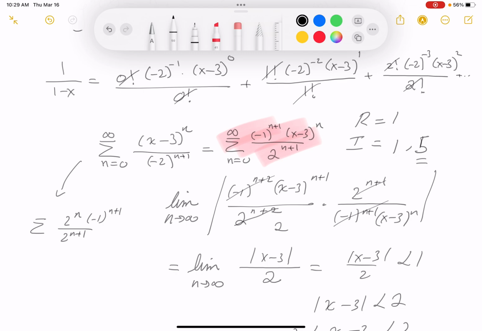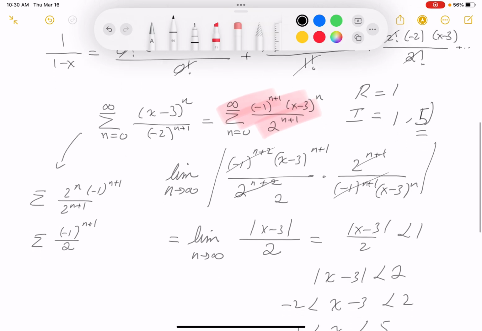And again, we're testing the 5 out. And what do you get there? You get 1 over 2, and then you get minus 1 to the n plus 1. Well, this is clearly divergent by the test for divergence, so do not include the 5.